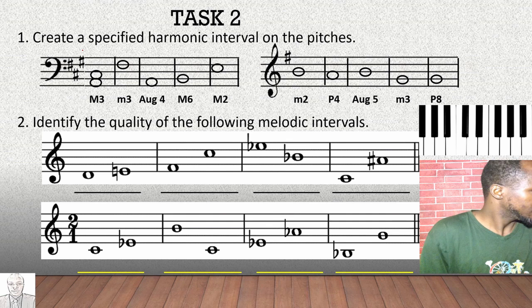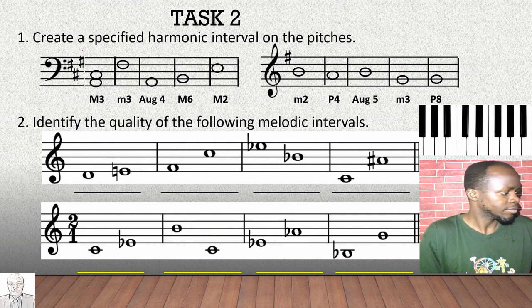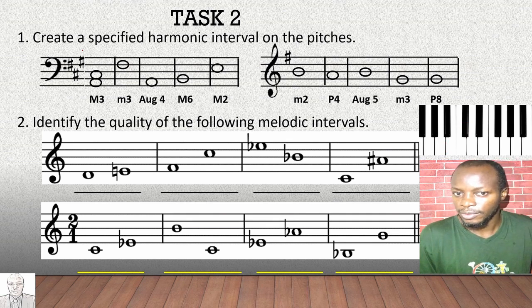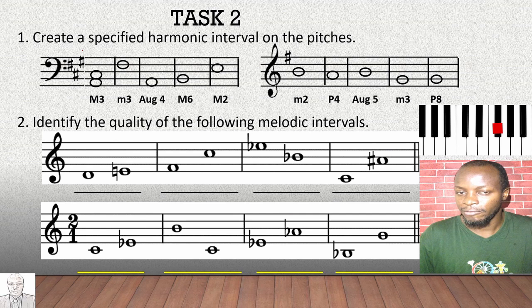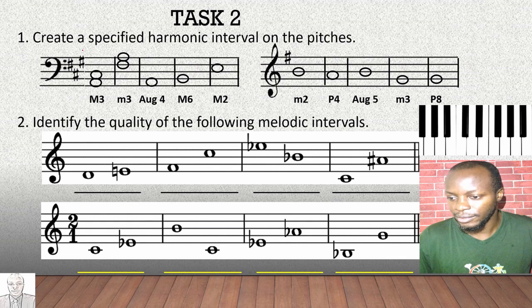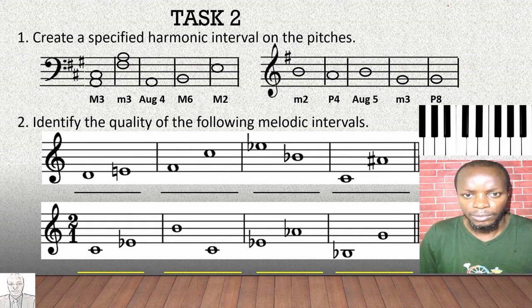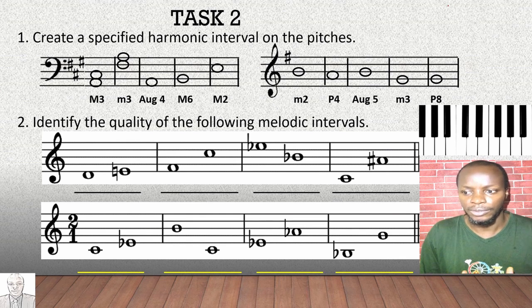But let's see. So it says that's a major third, right? Now a minor third above F sharp. Alright, that is from F sharp to A, right? That's a minor third, because on the keyboard by minor third we want to create 3 semitones.